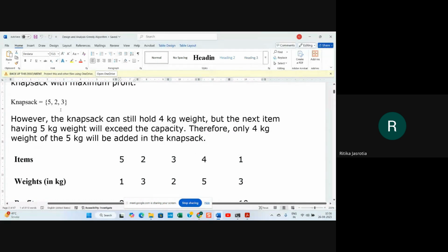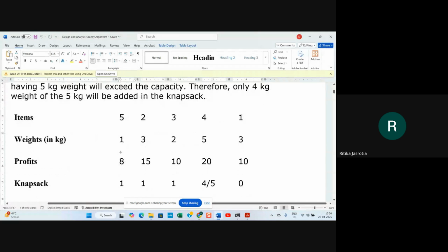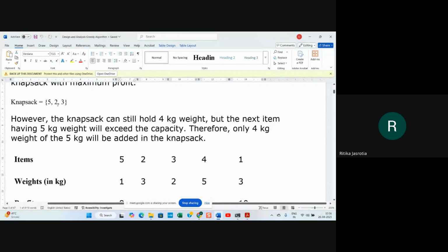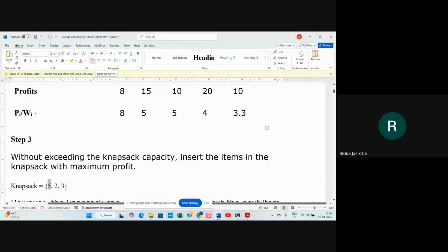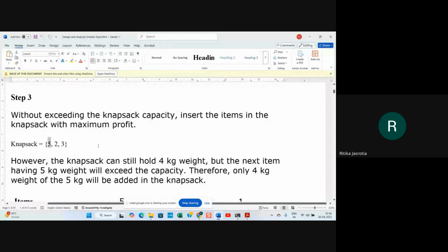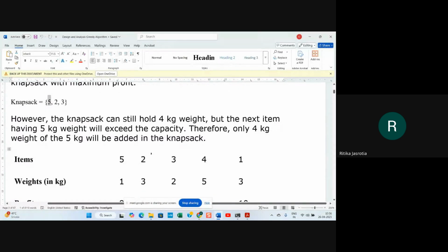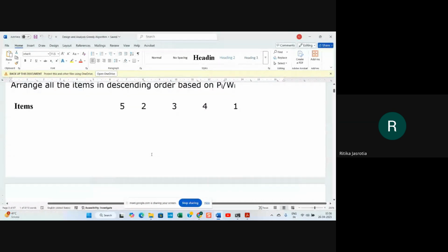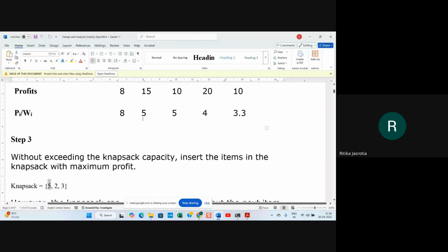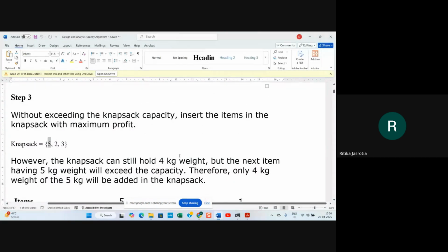So we will put item 5 first, because maximum profit means the highest Pi divided by Wi. The fifth item we have put in the knapsack. Then we are left with how much?